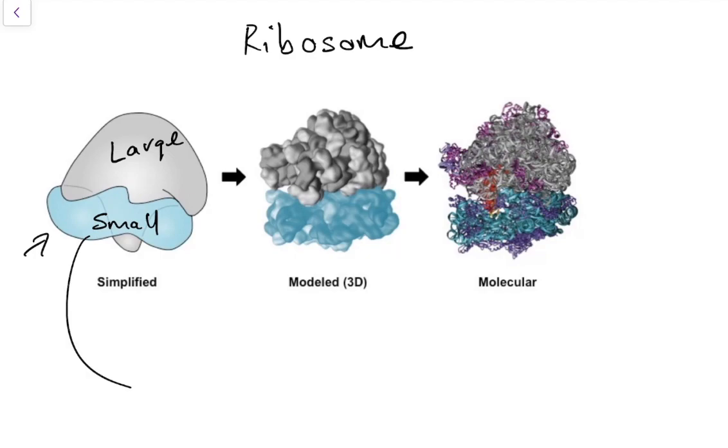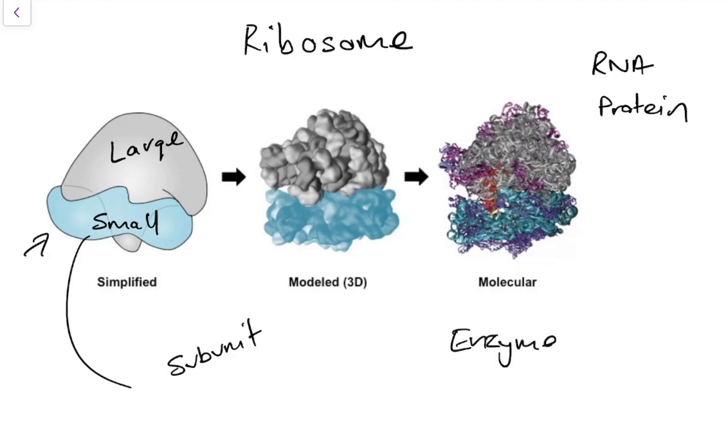So with ribosomes, we talk about the large subunit and the small subunit. In a molecular picture, it's a very complicated structure, and it involves both RNA and protein. And it's also an enzyme, so it's going to catalyze a reaction.